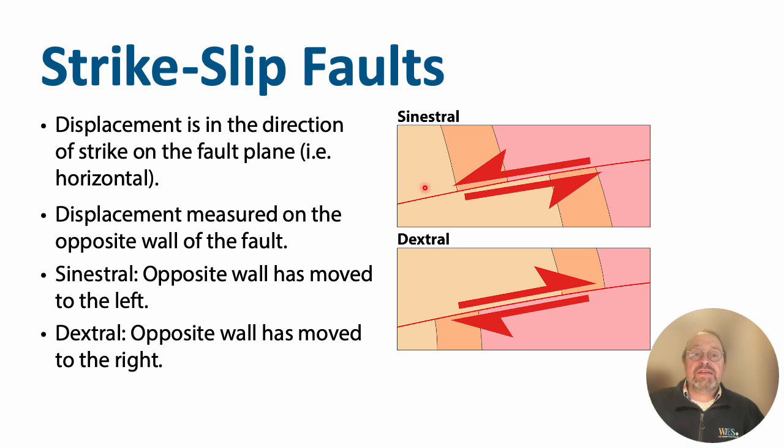So if it moves left, we call it a sinistral fault, after the Latin sinister for left, and dextral is, of course, dexter, right in Latin, moves in the opposite direction. And so, if you can easily imagine, it doesn't matter which block you're observing here. Imagine yourself standing on this lower block, and this piece here is moving to your right, so that means it's a dextral fault.